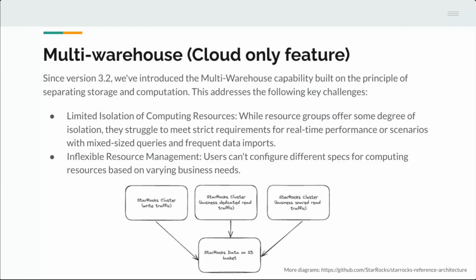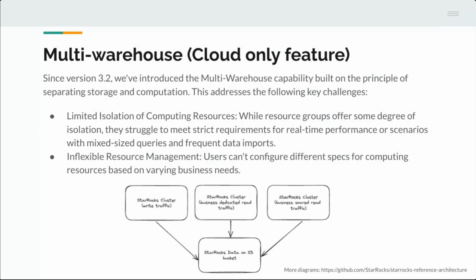But what if you said, I have a cluster that is only dedicated to reads, and I want a cluster that's only dedicated to writes, and I want them all to point to the same data on S3, right? This capability is being released in CelerData Cloud.